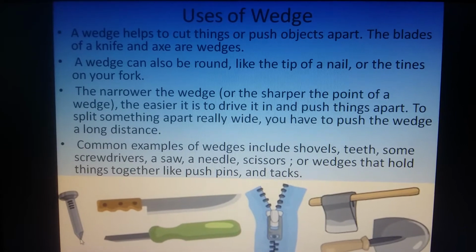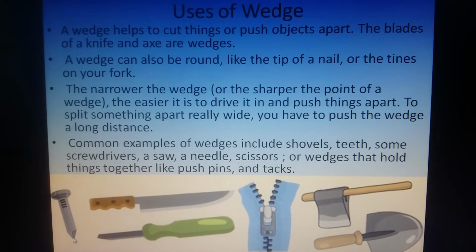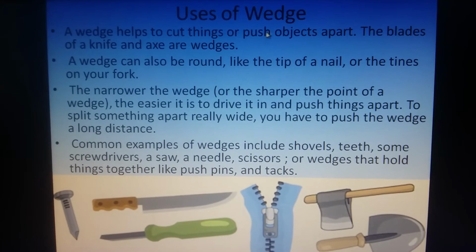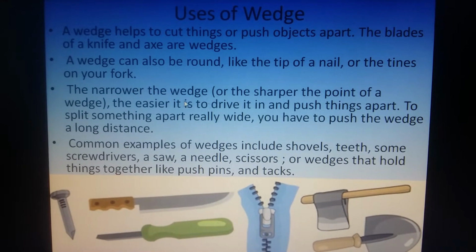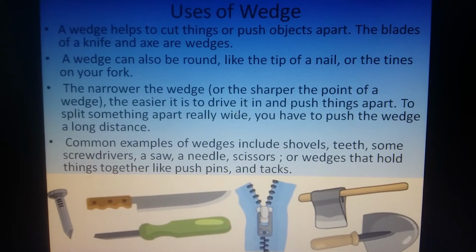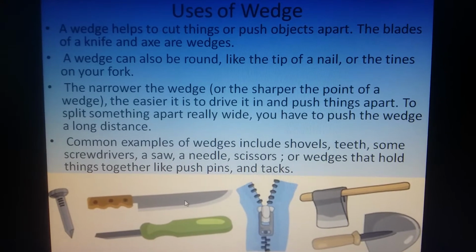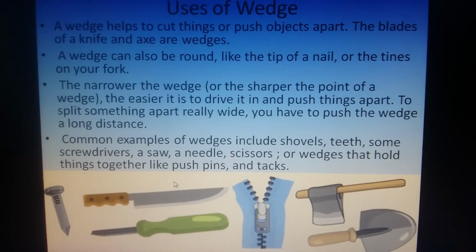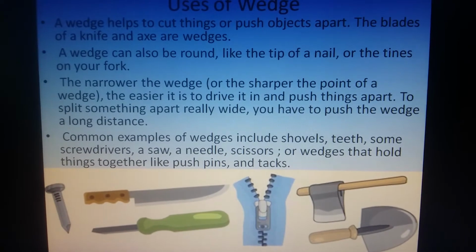This is the tip of the nail, and the fork which you are using is also an example of a wedge. The narrower the wedge or the sharper the point of a wedge, the easier it is to drive it in and push things apart. To split things apart really wide, you have to push the wedge a long distance.